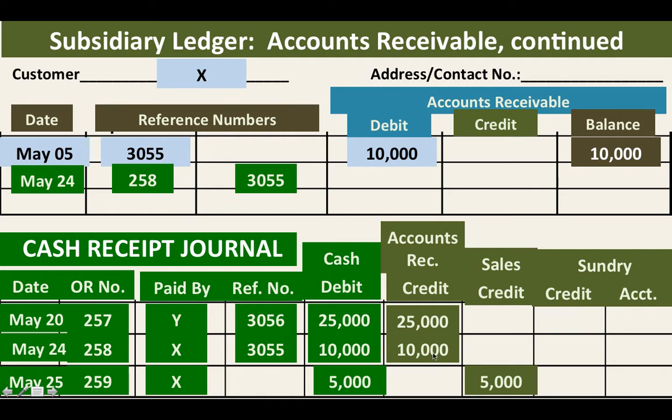So we receive, you see here accounts receivable, and this is what we are recording in the subsidiary ledger, accounts receivable of 10,000, and that's credit. So we will put that on the credit side of the subsidiary ledger.